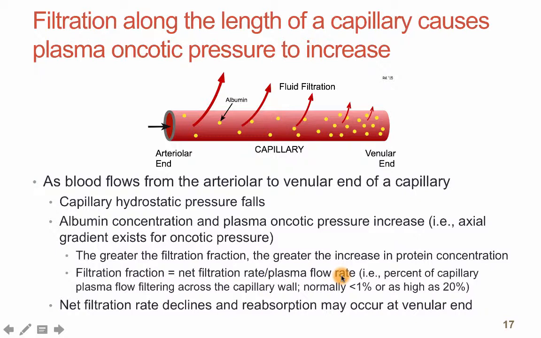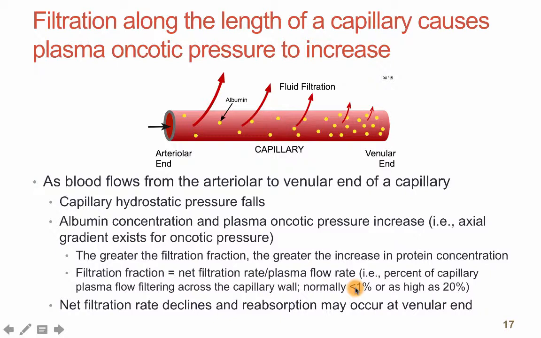For most capillaries in the body, it's rather low, typically even less than 1%. And so if filtration fraction is less than 1%, the increase in plasma protein concentration is negligible.